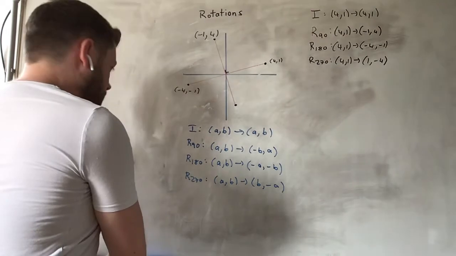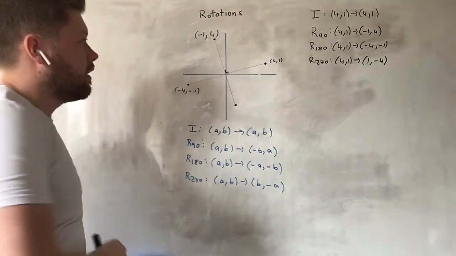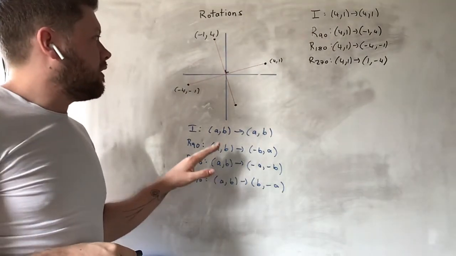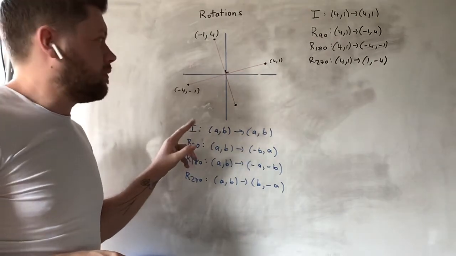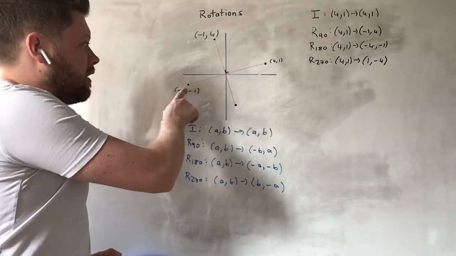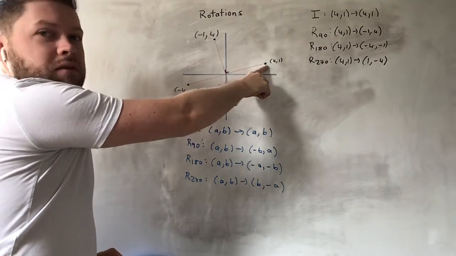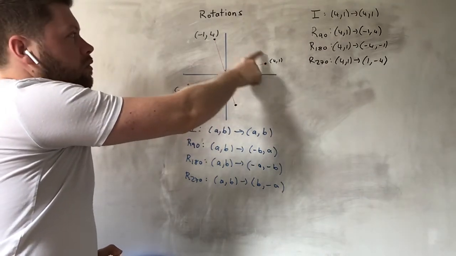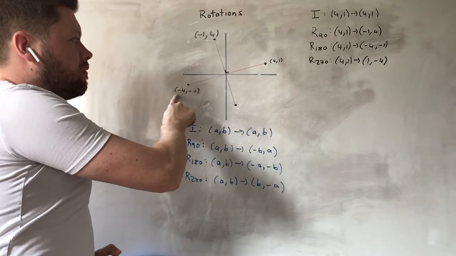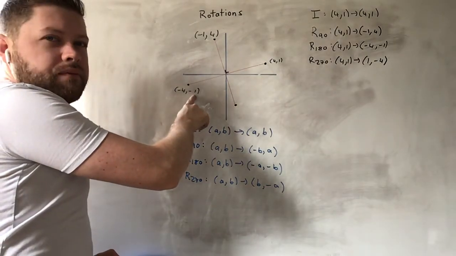You might be able to see that there's an interesting case here. If you take the point 4, 1 and rotate 180 degrees, you come to minus 4, minus 1.